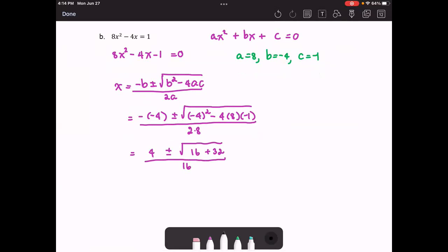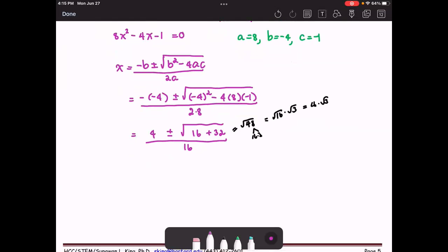And then for the radicand, that is the square root of 48. Simplify 48 as 16 times 3. That means we have the square root of 16 times the square root of 3, or 4 times the square root of 3, as the simplified form of this radical.